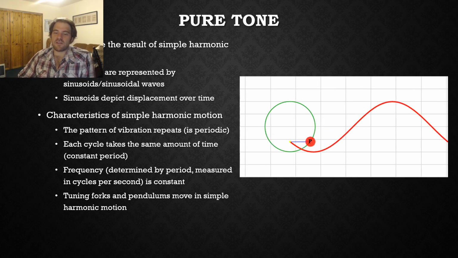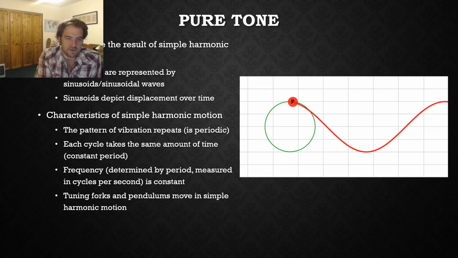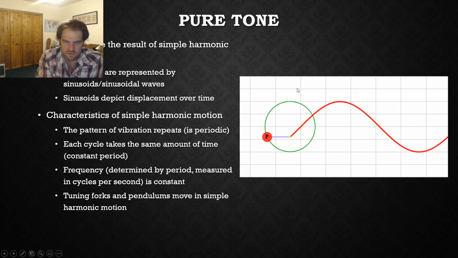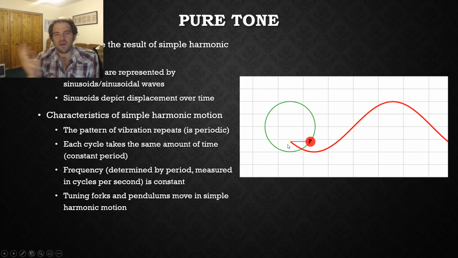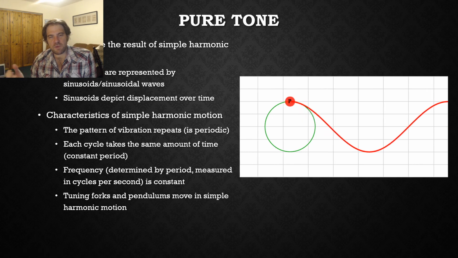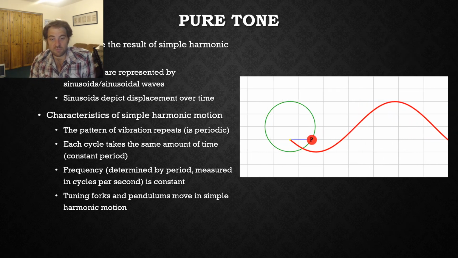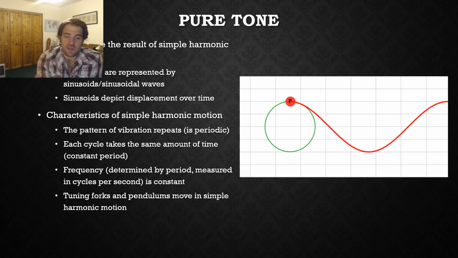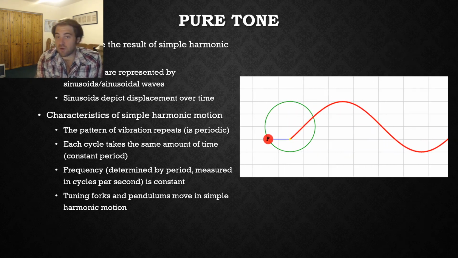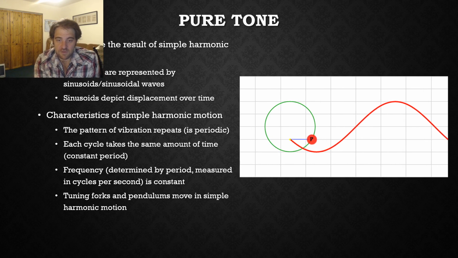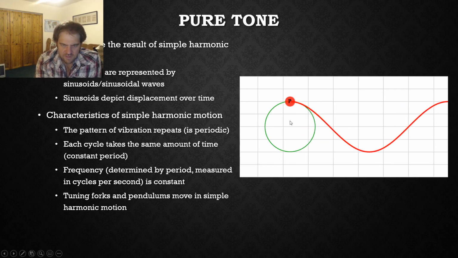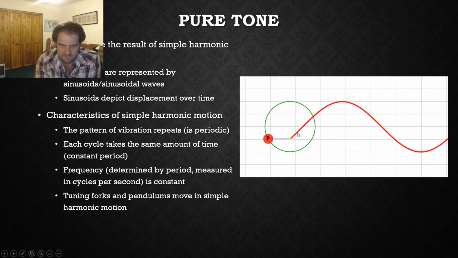So what does it depict? What you're seeing here, I should show this to you. This is a circle, and all of the sine wave is basically derived from a circle. Where is the wave at any point on the circle? And the P is representing pressure at that moment. So you can see that the 0 point is kind of floating right through here.